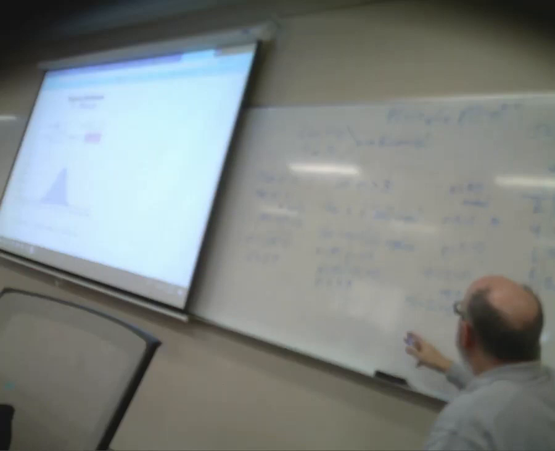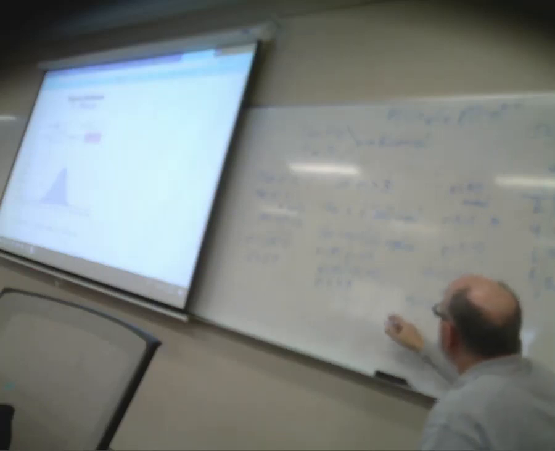So this will allow me to figure out my unusual values. If I take 40 plus 2 times 4.9, that's 49.8. And if I take 40 minus 2 times 4.9, that would be 31.2, I think.